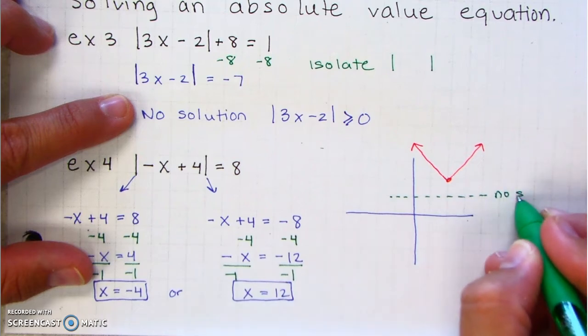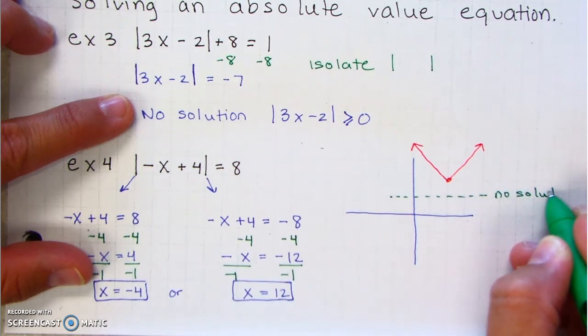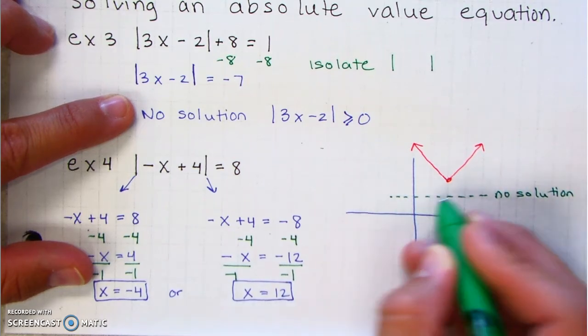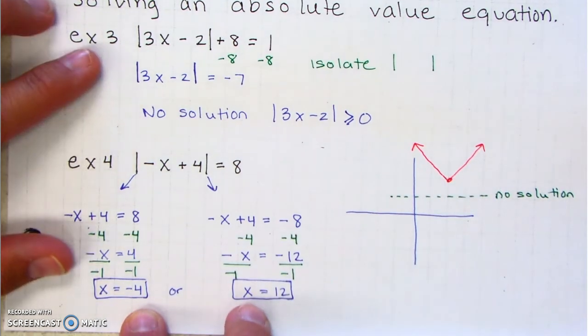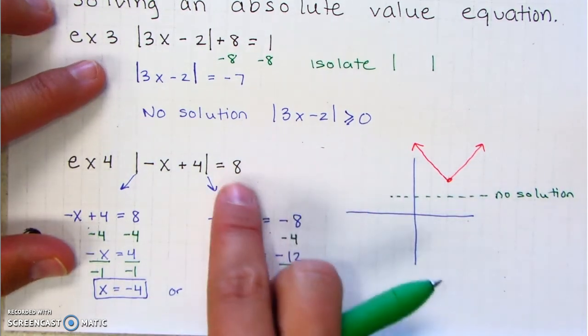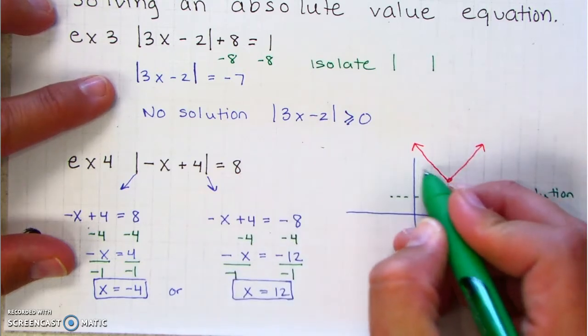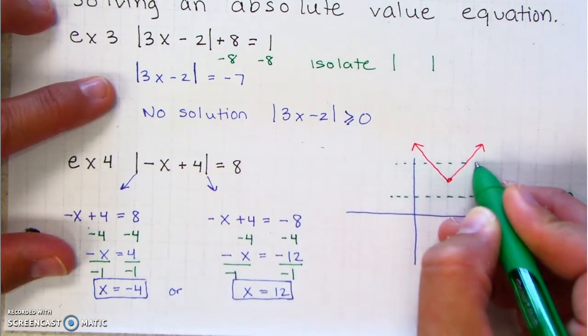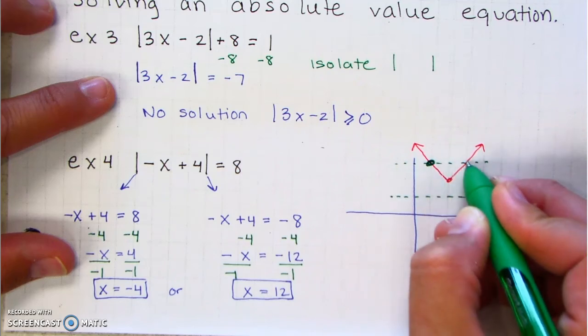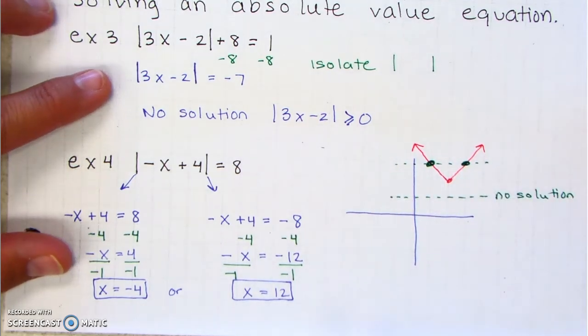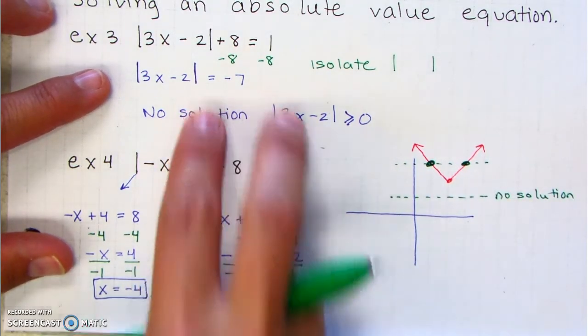This pretend y value never touches the graph. How would you get two solutions? If this y value, in this case 8, touches or crosses through the graph at two places, that would be two solutions. That's why on this one we had two and this one was no.